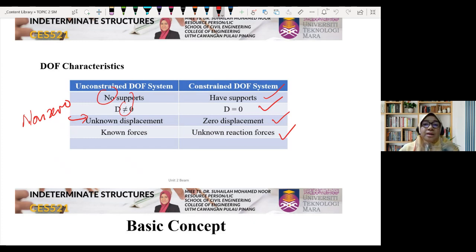The last characteristic is that in an unconstrained system there are known forces. It is because in a constrained system there are unknown reactions, so the opposite of unknown is known forces. This means we have to put the value of forces into the force-displacement equation before we can analyze the value of the unknown displacement. Okay, let's move to the next slide.